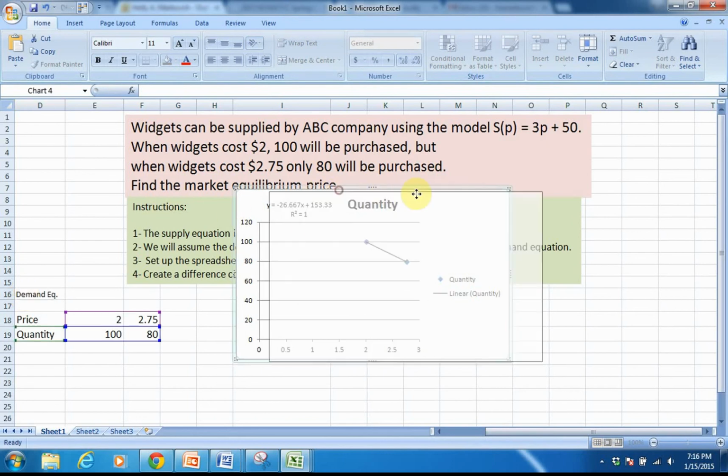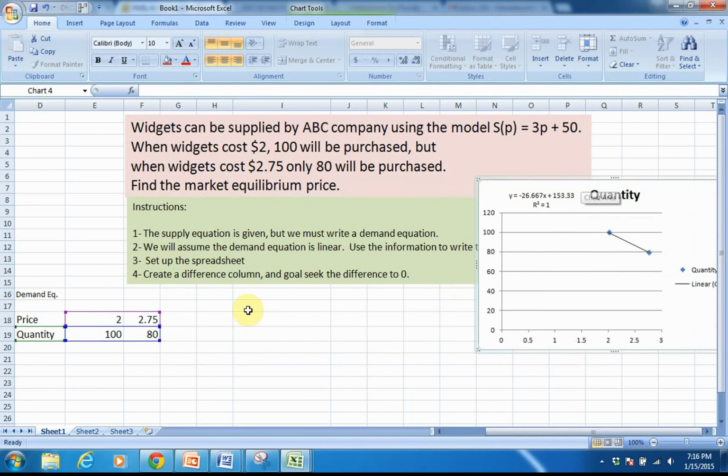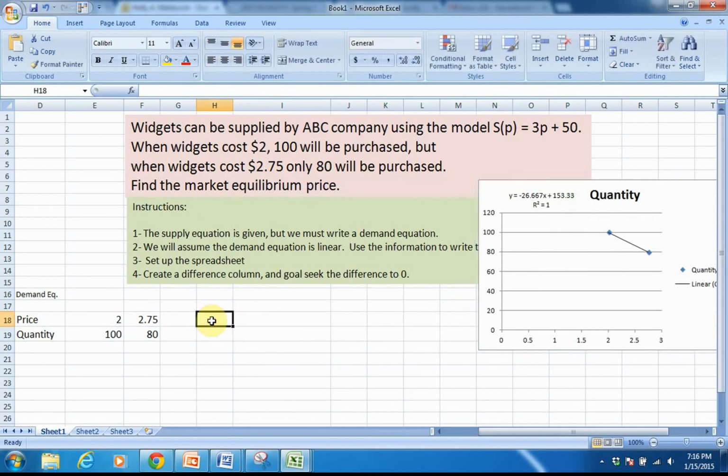So let's take that, put it aside, and now let's start looking at the rest of the information. What we want to do now is set up our spreadsheet. We're going to have a column for price. Remember, that's P. We're going to have our supply equation. We're going to have our demand equation.